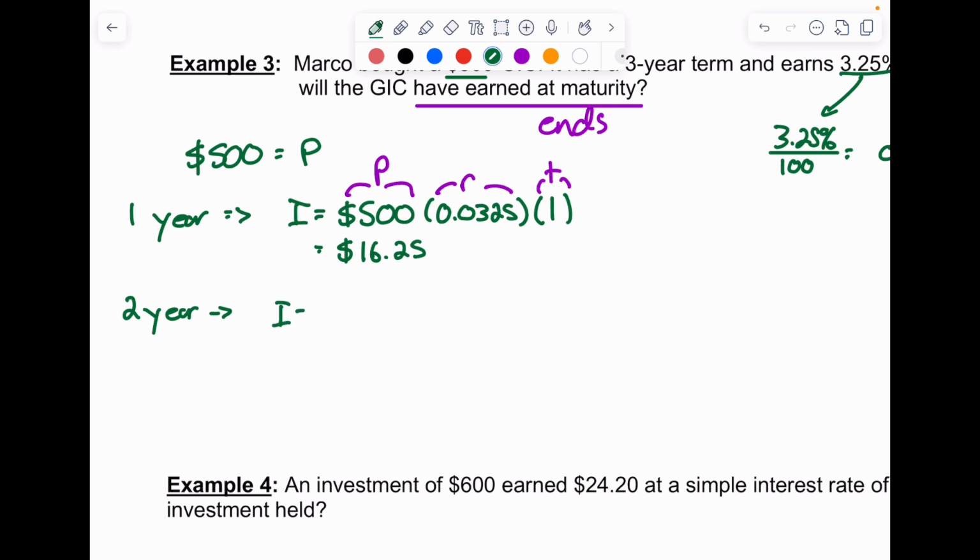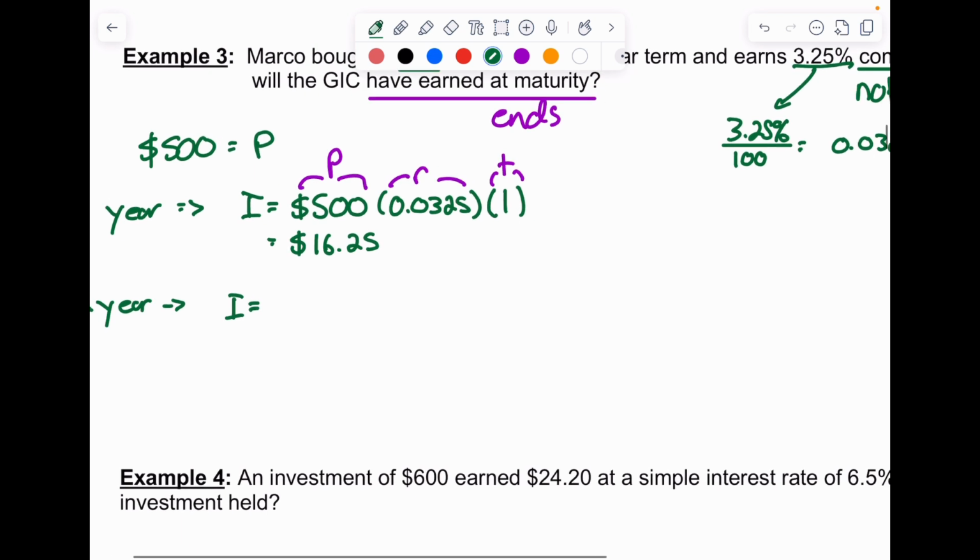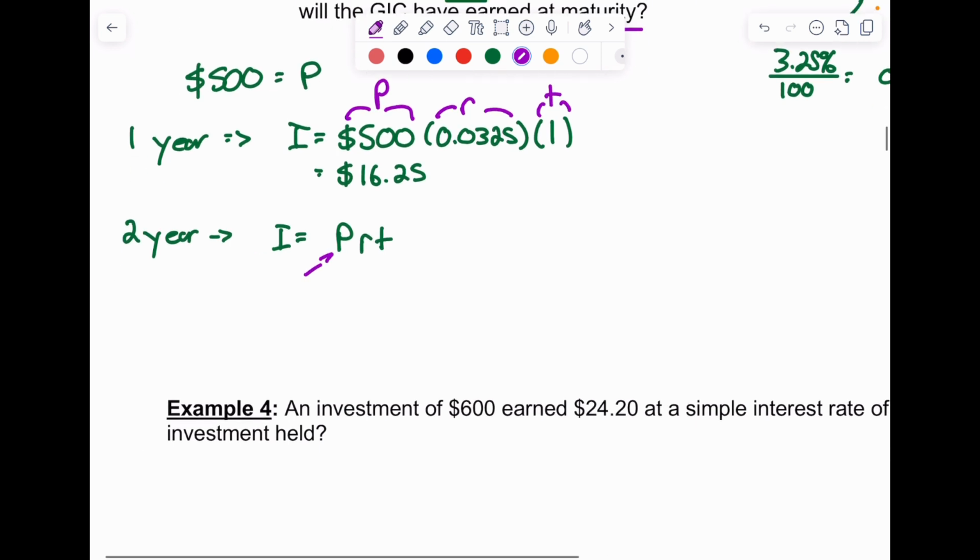But now, what makes compounding different from simple is that in the second year, when I apply my formula, the interest I am earning is now based on the previous year's balance. So this principal right here is going to be the initial amount that you put in, your $500, plus the $16.25 that you earned.